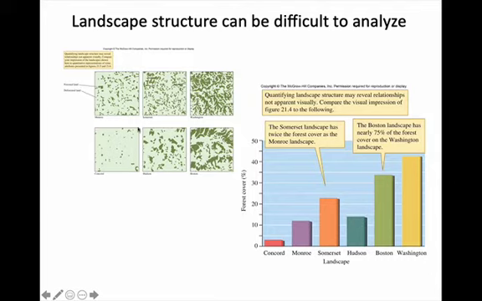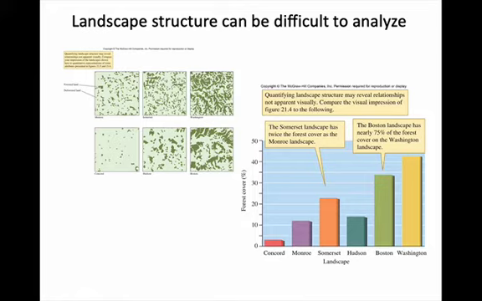These are almost identical, and I'll bet that most of you guessed that this had more, and possibly substantially more. And so it can be very difficult to understand landscapes. We need quantitative tools that help us.